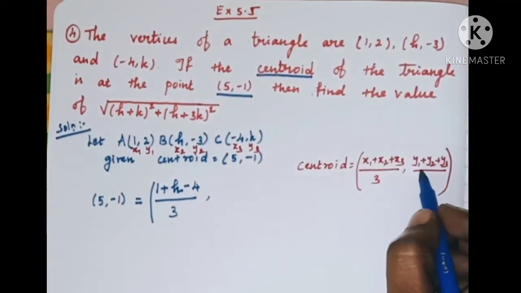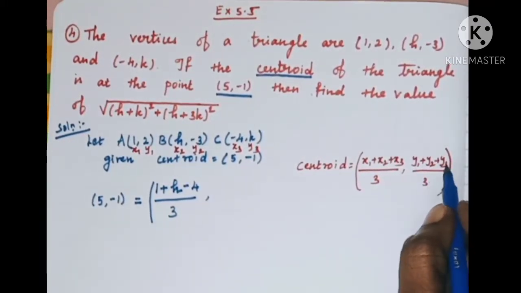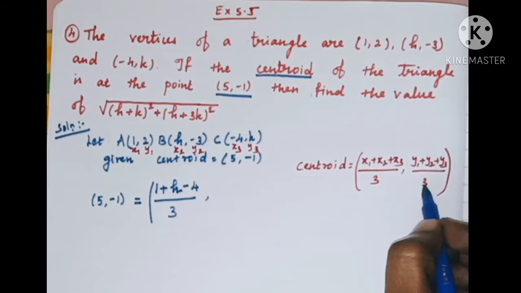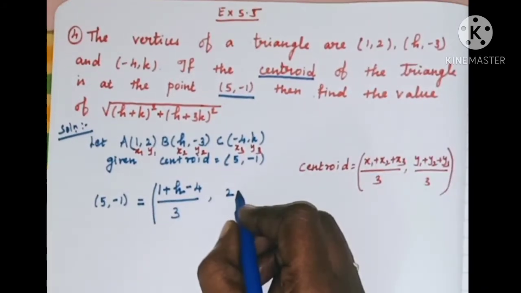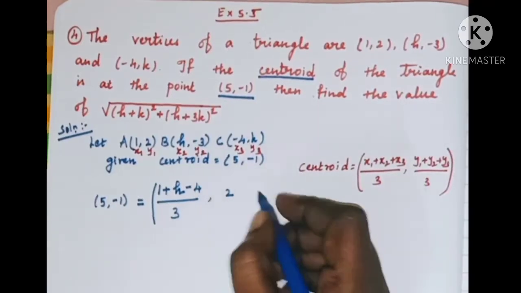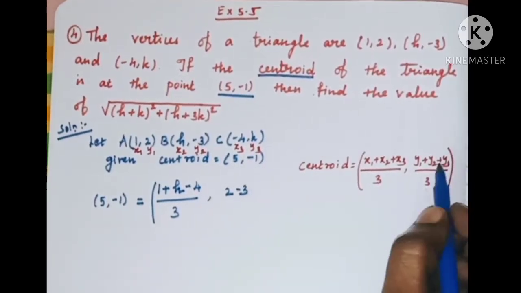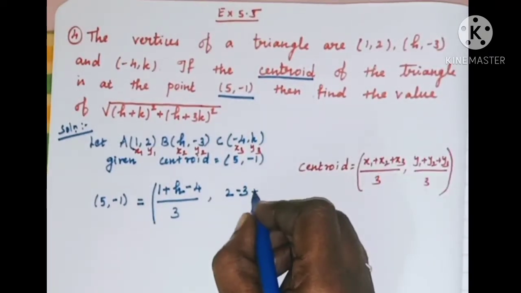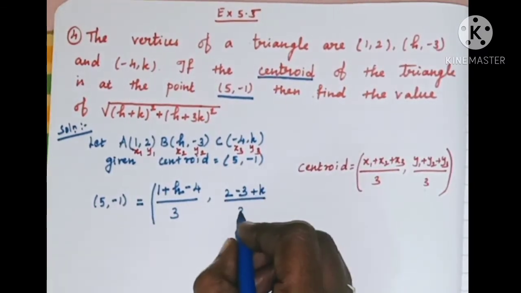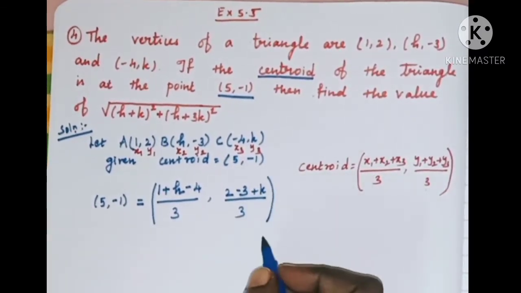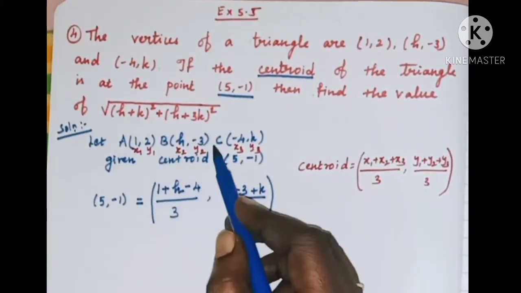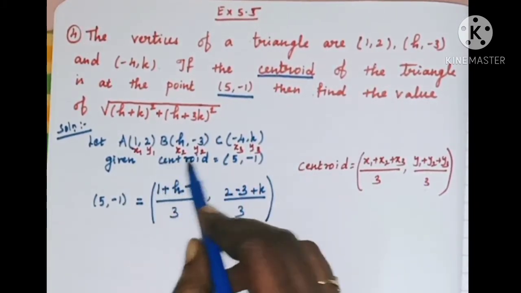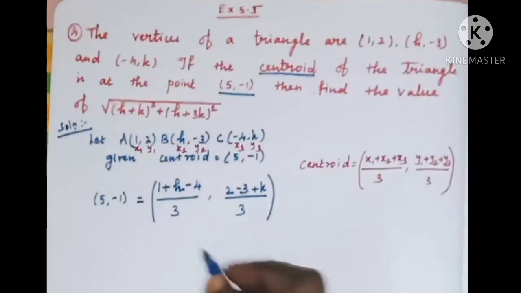And then next we have y1 plus y2 plus y3 divided by 3. So the value of y1 is 2 plus the value of y2, minus 3, plus the value of y3, k, divided by 3. Now we have substituted the values of x1, x2, x3 and y1, y2, y3 in this formula.